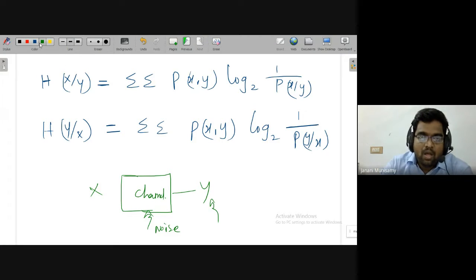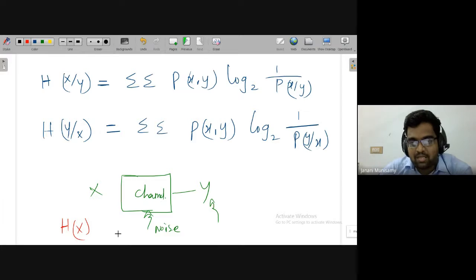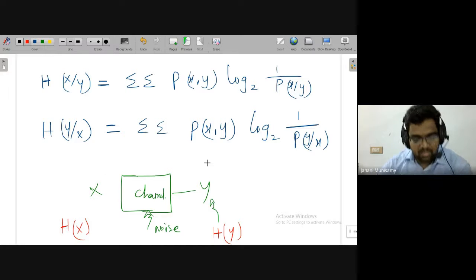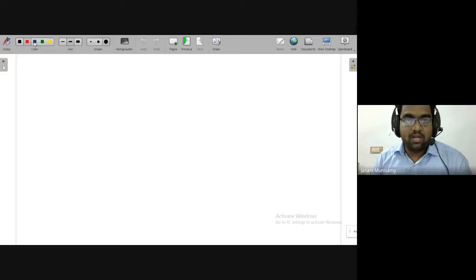So mathematically, I know what is the uncertainty in x, that is h of x. Then I know what is the uncertainty in y. Then what is the effect of the channel here? To define the effect of the channel, we will introduce the mutual information, that is between x and y. So now I will write the definition of I of x, y, the mutual information.